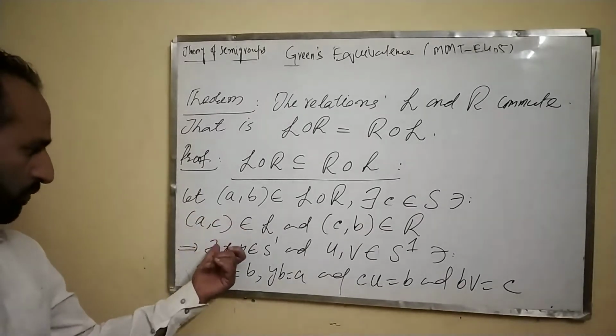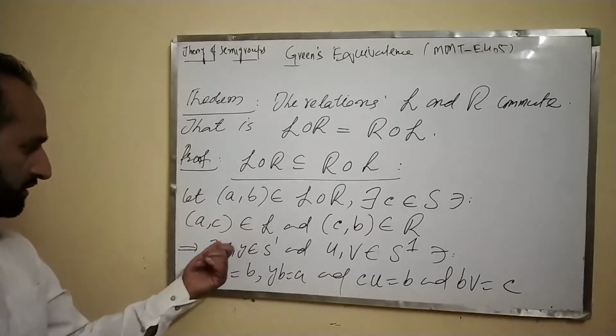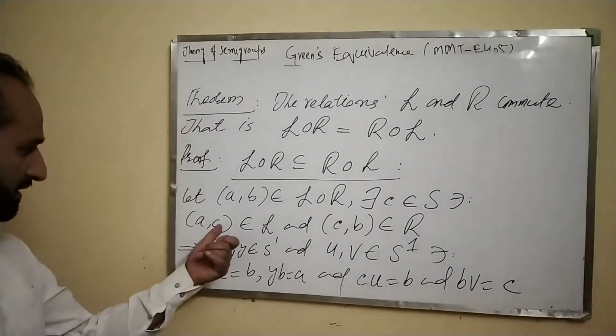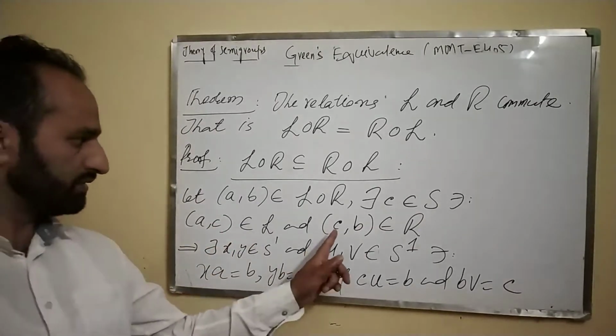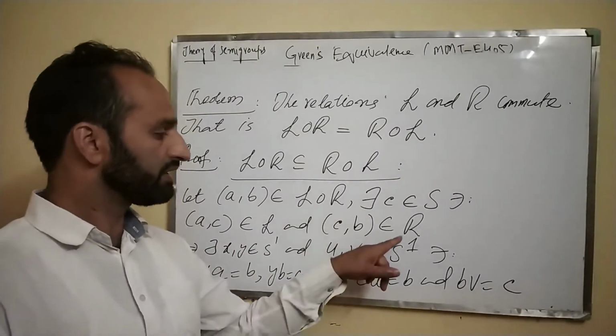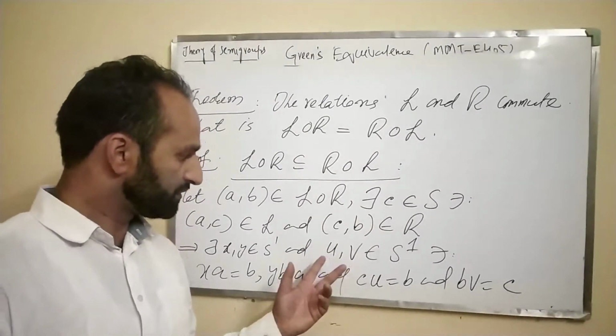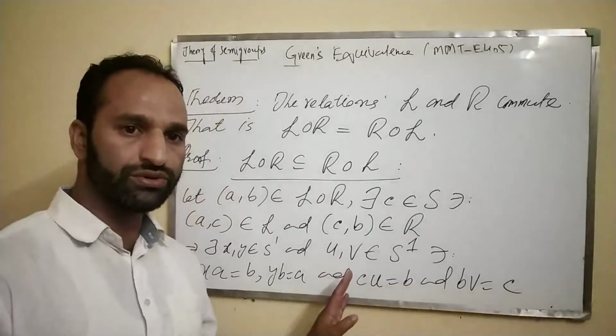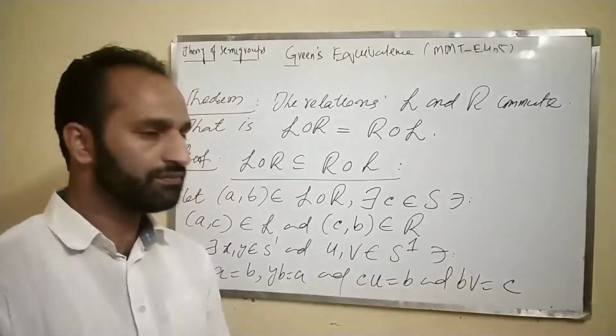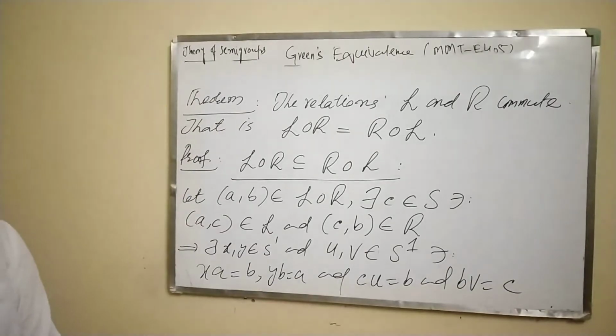By that proposition, since they are L related, there exist X and Y in S1 such that XA is equal to C, YC is equal to A. Now C, B are R related, so there exist U and V in S1 such that CU is equal to B and BV is equal to C.